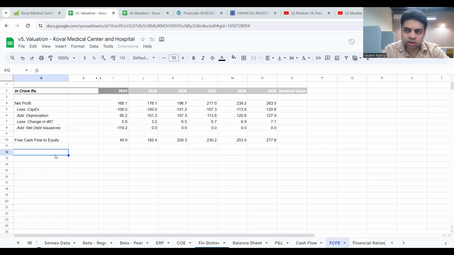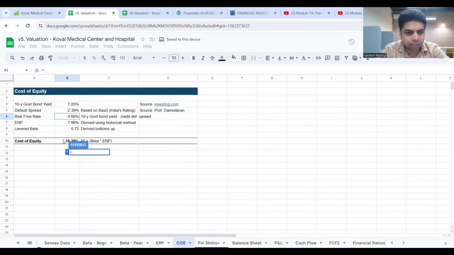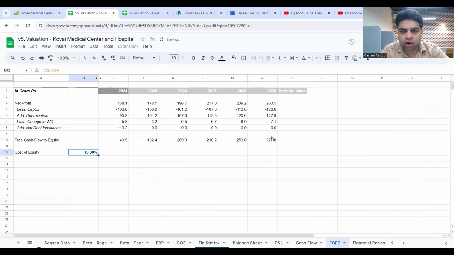Now we need to discount these free cash flows by cost of equity. So let's pull cost of equity. Cost of equity is 10.39. And also we need to estimate a terminal value as well. And how do we do that?